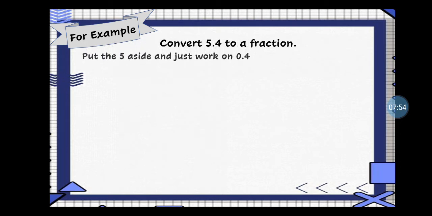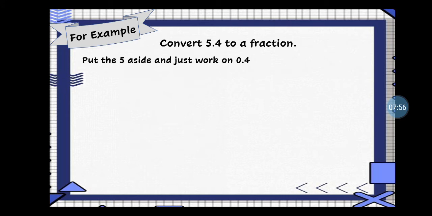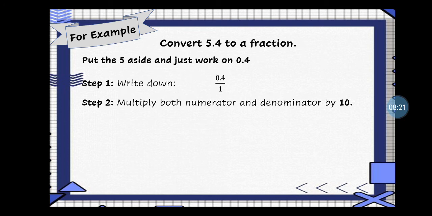So we have to put 5 aside and we have to just work on 0.4. According to the first step, we have to divide the decimal number by 1. Now, after the decimal, we have only one digit, so we have to multiply the numerator and denominator by 10.